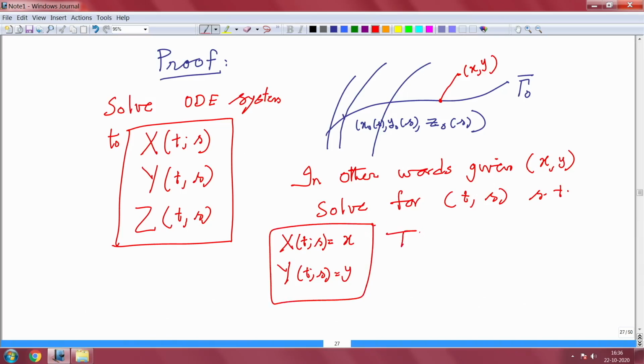This is possible by the implicit function theorem or the inverse function theorem, both are fine.